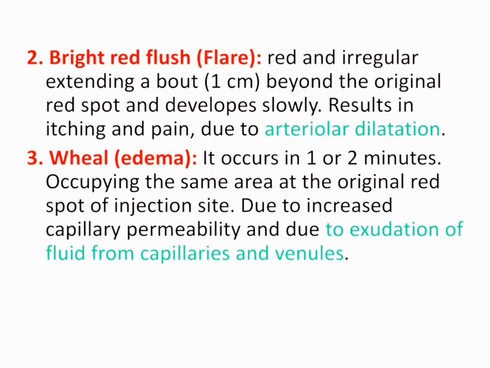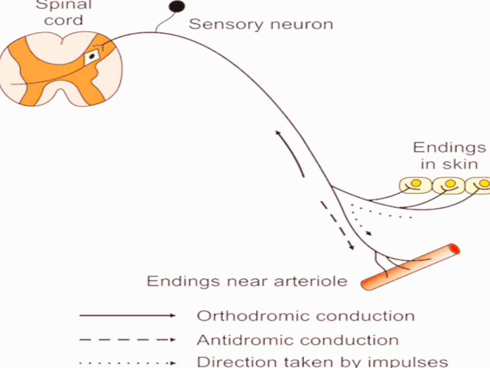Point to be noted: arteriolar dilatation mainly occurs by the activation of the axonal reflex. What is this axonal reflex? From the site of the injury, from the figure, the impulse is conducted in the afferent fibers. From there, the sensory neurons give branches to the blood vessel. The impulse, in addition to its conduction to the spinal cord orthodromically, is related antidromically to the blood vessels.